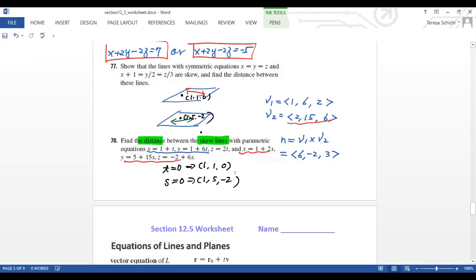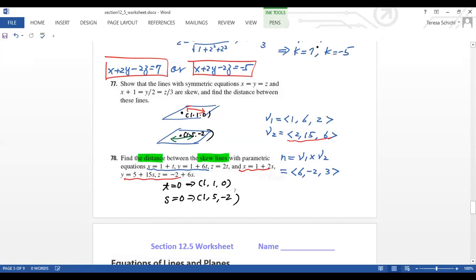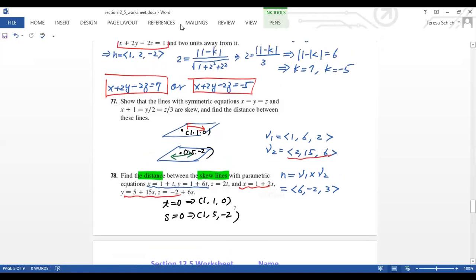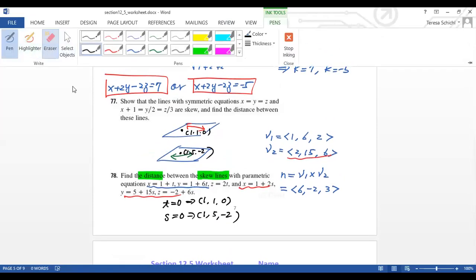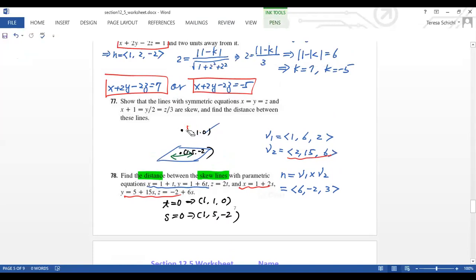Okay, so now you put them into the equations, because of the normal vectors. For each one, you have a point and you have normal vectors.